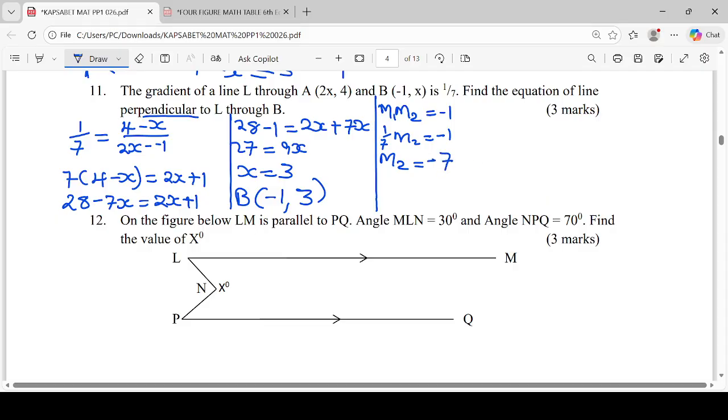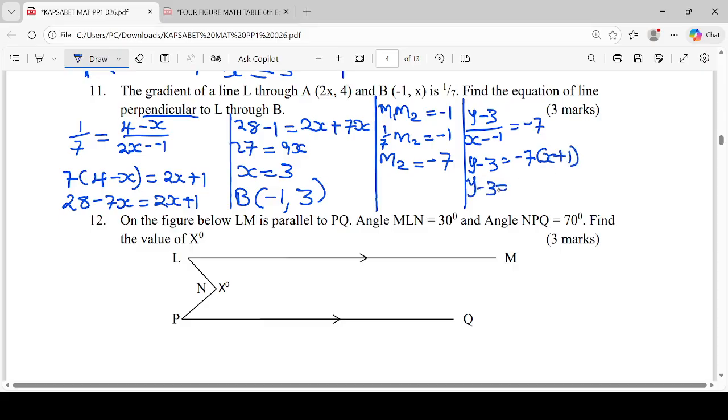And if that is the case, ladies and gentlemen, what do you need to know? Gradient is given by change in y, so (y minus 3) over (x minus negative 1) should be equal to the new gradient, which is negative 7. So y minus 3 is equal to negative 7 into (x plus 1).